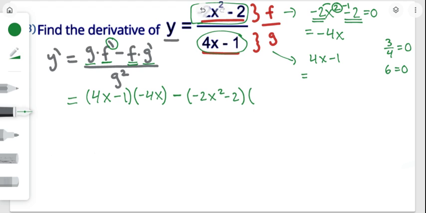Here we have a power of 1, so 4 times 1 is 4, and 1 minus 1 is 0, and here we have negative 1, which is equal to 0. As I said earlier, a constant number is equal to 0. So here it's 4, over g squared, so just this term squared.